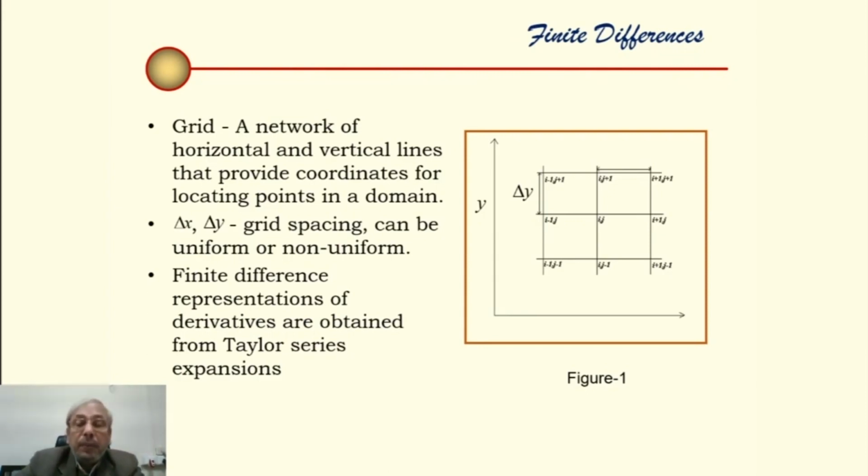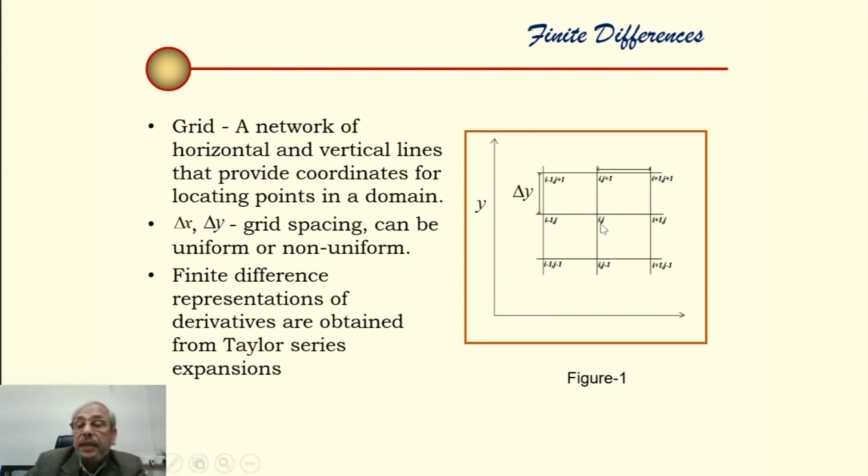Now we will, in a very simple way, define a domain and the grid spacing, and we have drawn a network of horizontal and vertical lines and provide coordinates for locating the points in the domain.